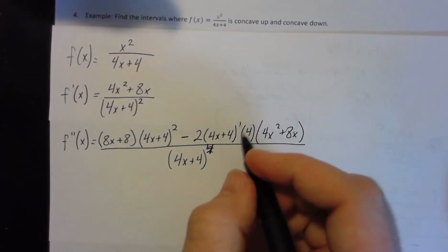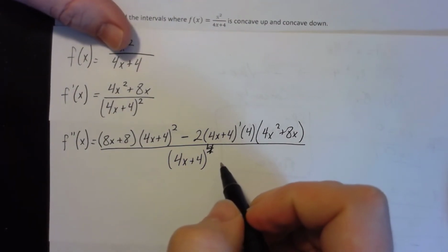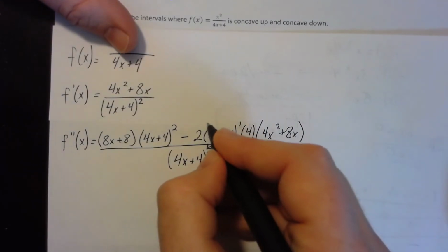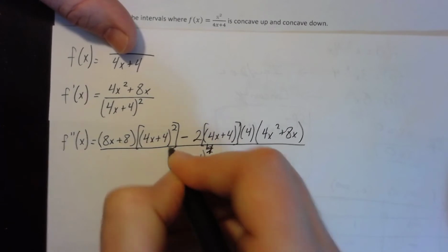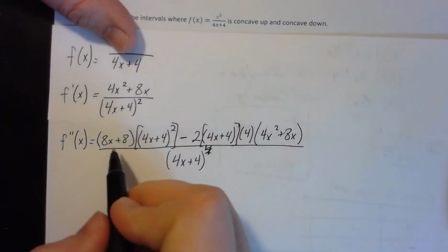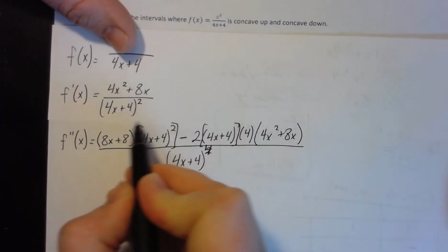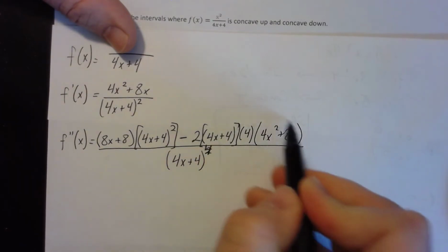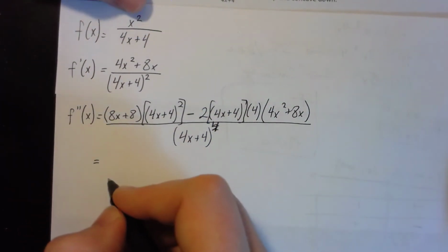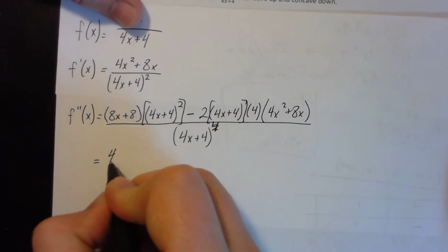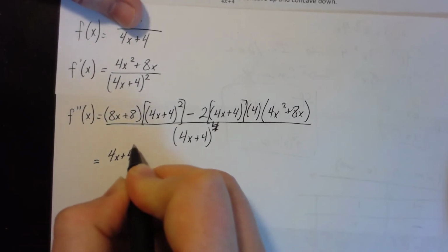Now, the piece that's most important to me in this example right here is the fact that this 4x plus 4 is actually existent in both of those top terms. When I say terms, I mean this whole thing here and this whole thing here. So the first step that I'm going to actually do to making this as simple as possible and as clear as possible is I'm going to factor out that 4x plus 4.